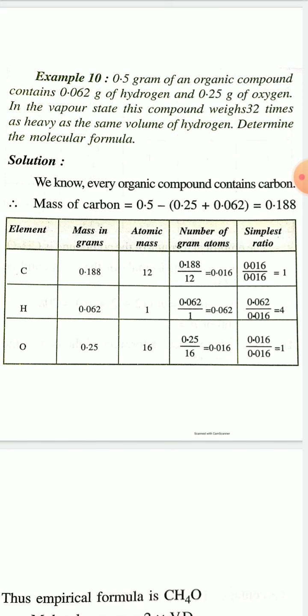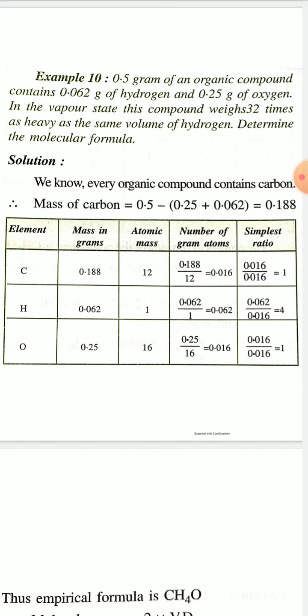It is a simple process like the previous examples. You write down the symbol of the element, their mass in grams, then the atomic mass of each respective element present in the compound, and then you calculate the number of gram atoms, or simply the atomic ratio, by dividing their mass by their atomic masses.